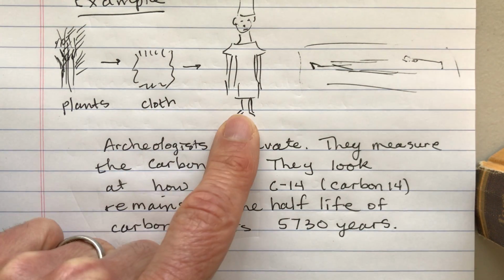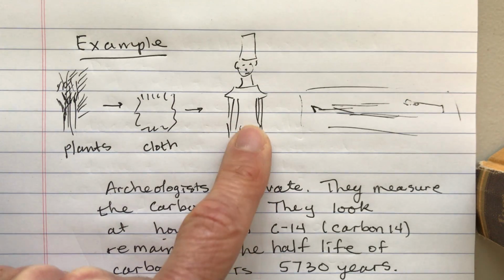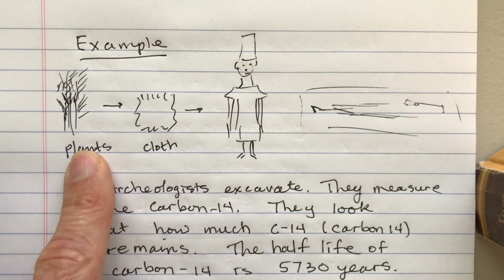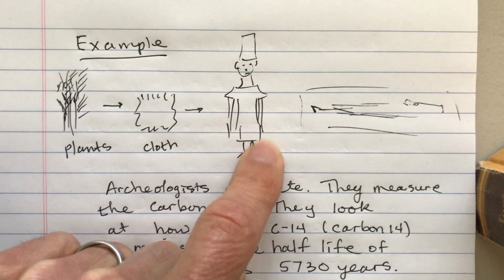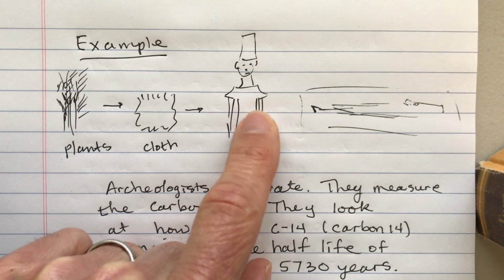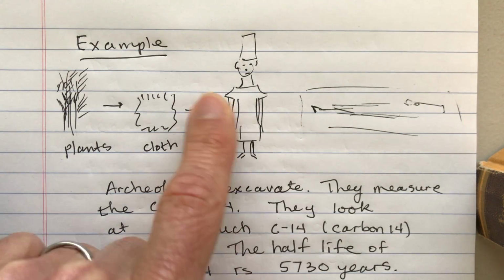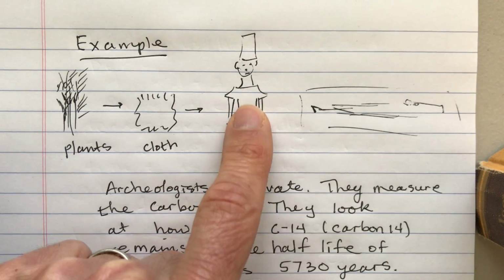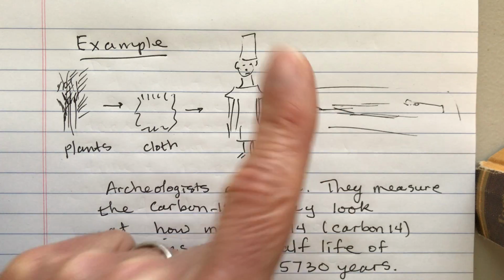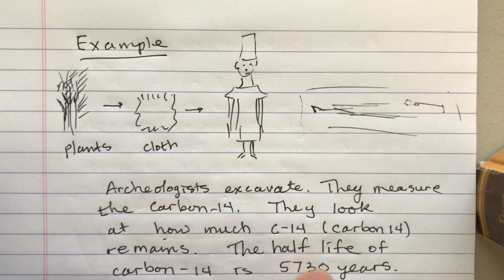So this person maybe is an Egyptian important person. The plant is made into cloth. The cloth is made into this tunic. The person dies. If they died 5,730 years ago, if they look at the cloth, then maybe it's not a mummy or something, but anyway, if you look at the cloth, half of the carbon-14 should be gone.